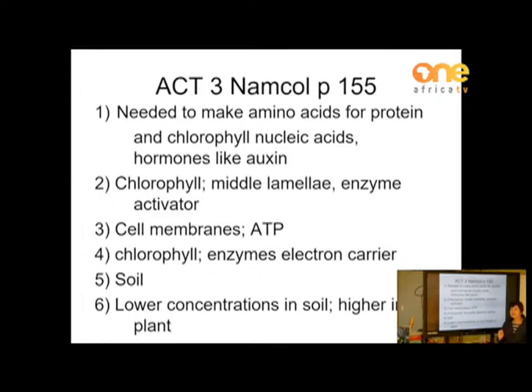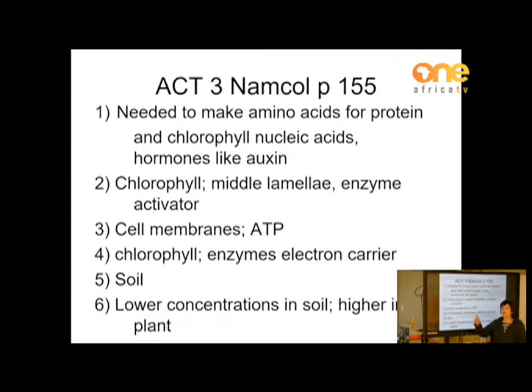Why is active transport necessary? Because there are lower concentrations of the mineral ions in the soil than the concentration of the mineral ions in the plant. Lower concentration in the soil, higher concentration in the plant.